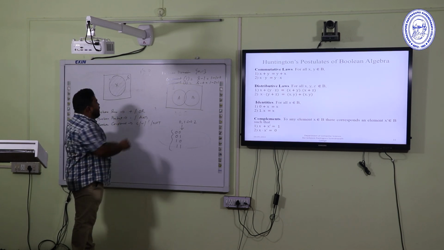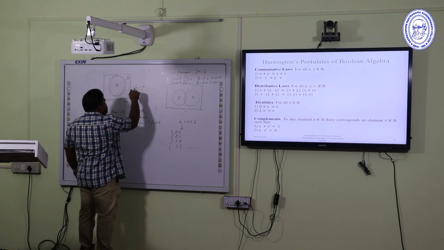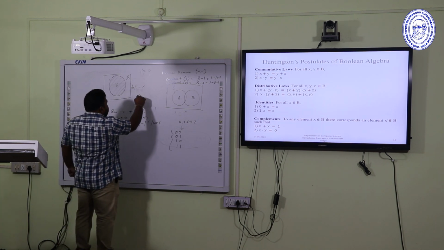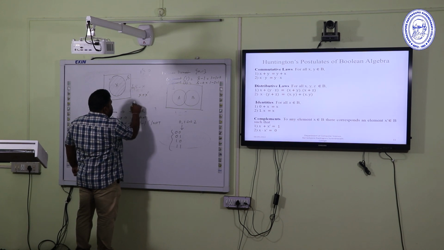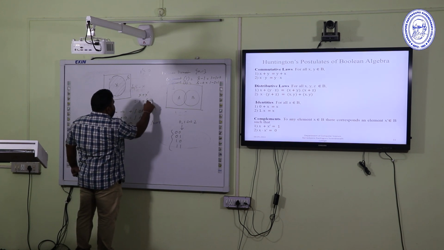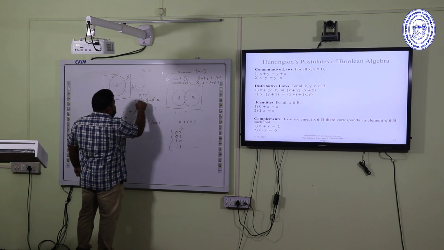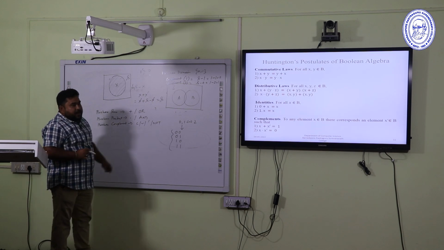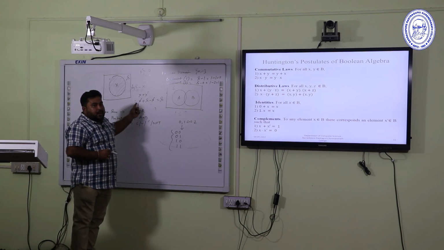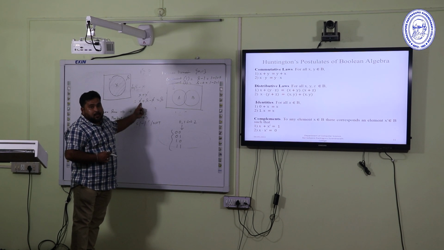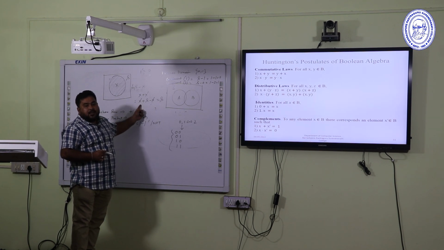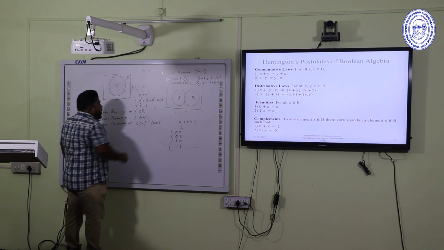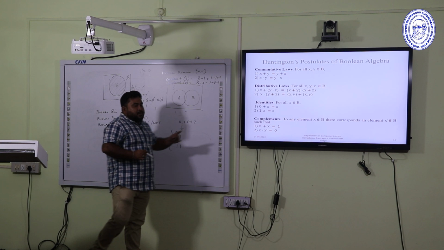X prime means S minus X. So X plus X prime is equal to X plus S minus X, that is X eliminates and we get the entire universal set. As it is in the Boolean domain, the value of S must be 1, because 1 is the maximum number in this Boolean range. That's why we call S equal to 1. So X plus X prime is equal to 1.